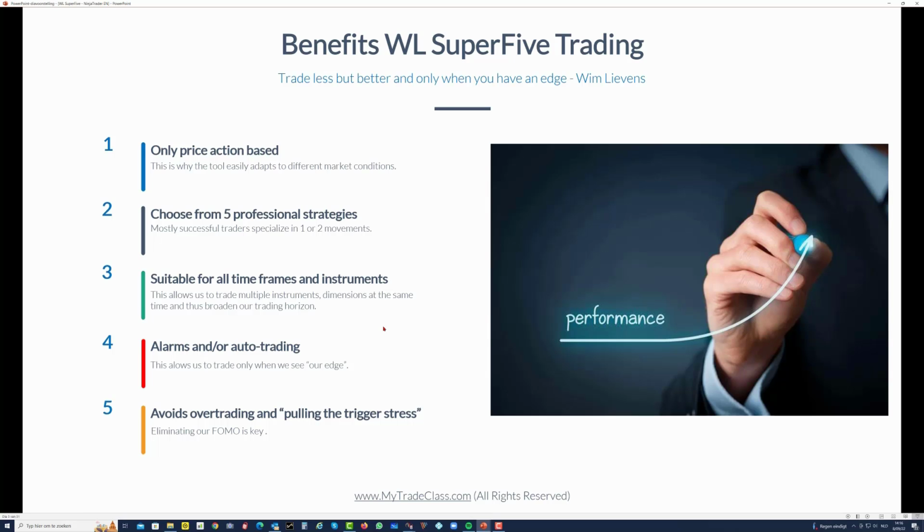So this tool is based on price movement. Five strategies are incorporated. You can use this tool on all time frames, instruments, range bars, Heikin-Ashi bars, my own bars that I developed, WL bars, so that makes no difference.